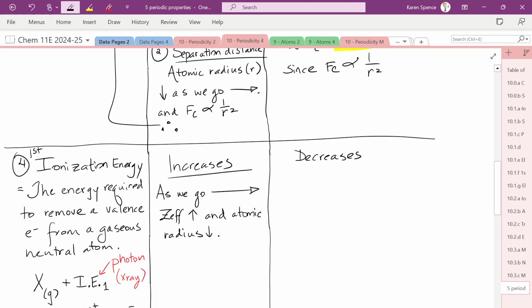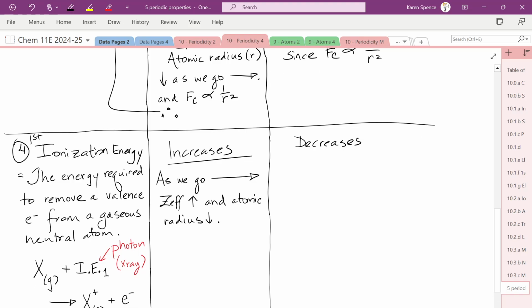Zeff increases, atomic radius decreases.